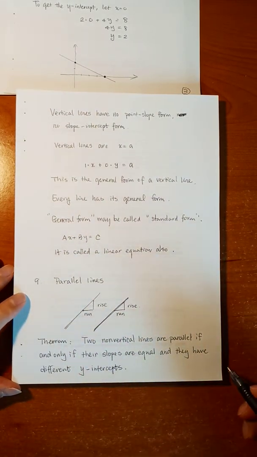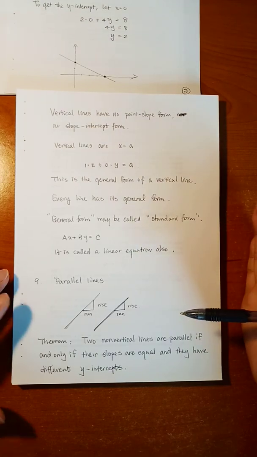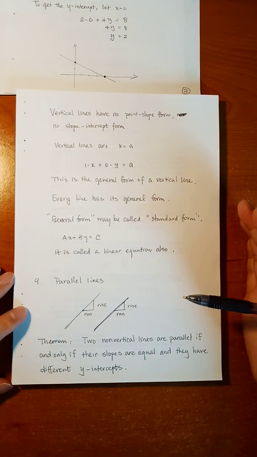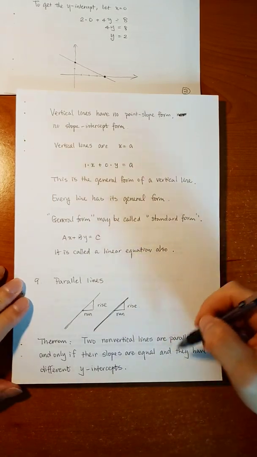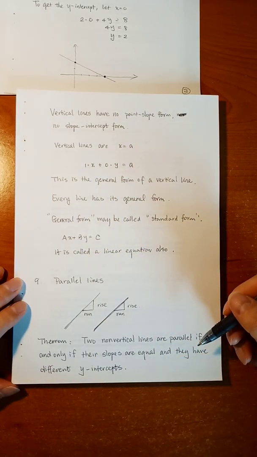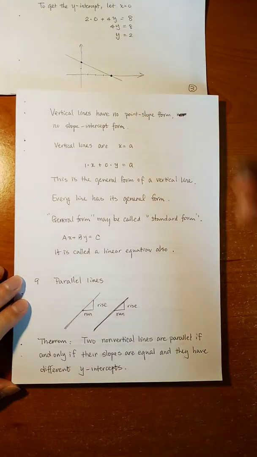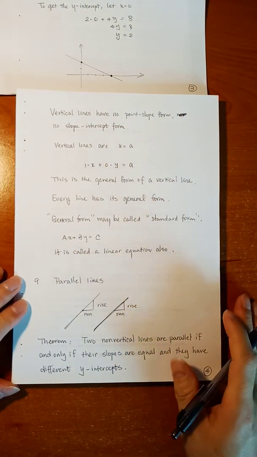Same slope, different y-intercept means you have two parallel lines. Okay? So it can be this way, it can be the other direction.